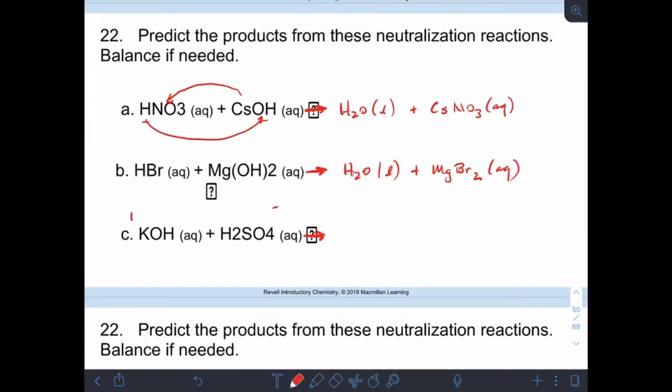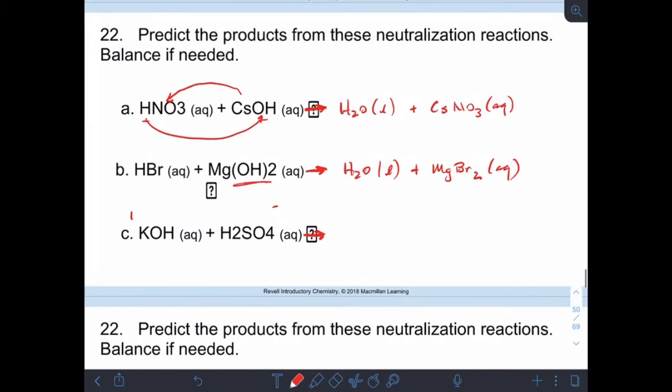Okay, so I've got two OHs, so two oxygens on the right with the OH2, with this part right here. So I'm going to need a 2 in front of my water to give me 2 oxygens. And that gives me 4 hydrogens. So 4 hydrogens on the right.